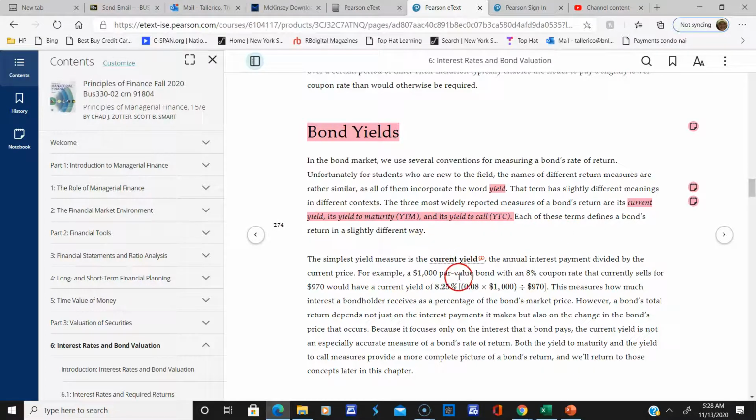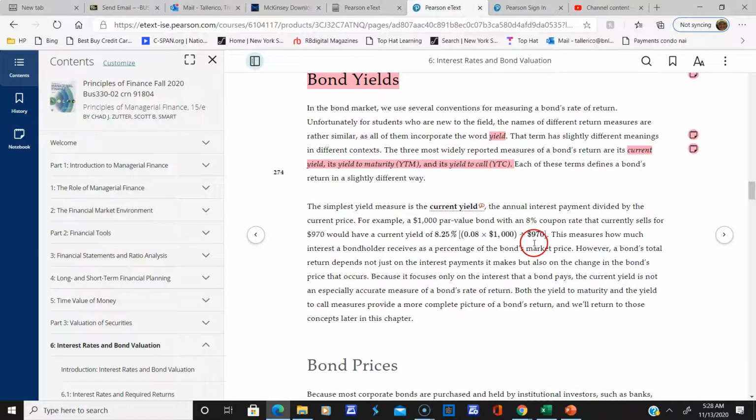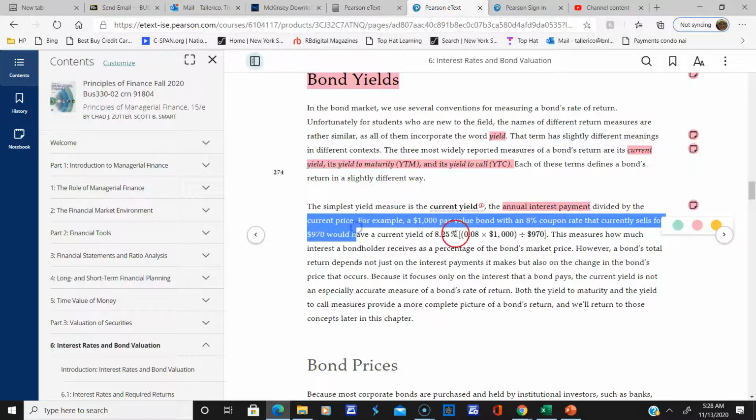So the current yield is basically the annual coupon or interest payment. There are a couple of different words used for the money you get every 6 months. It's called the annual coupon payment or annual interest payment, and you divide that by the current price of the bond, and you'll get the current yield. Now, I want to make something very clear.